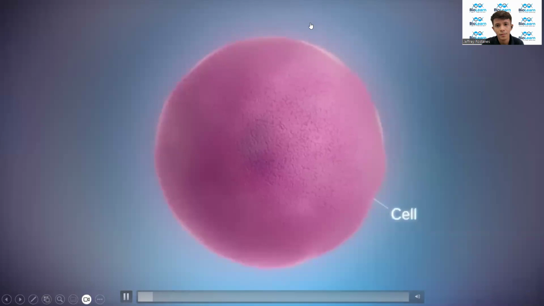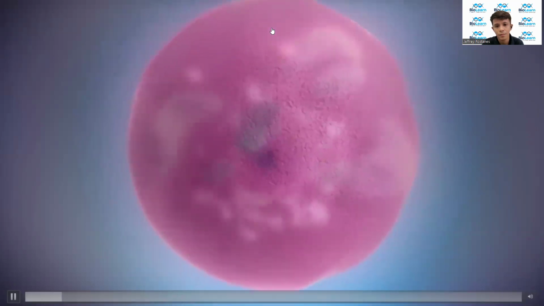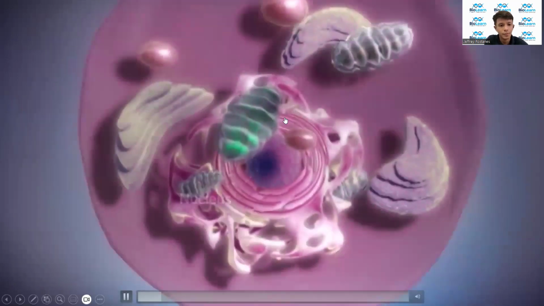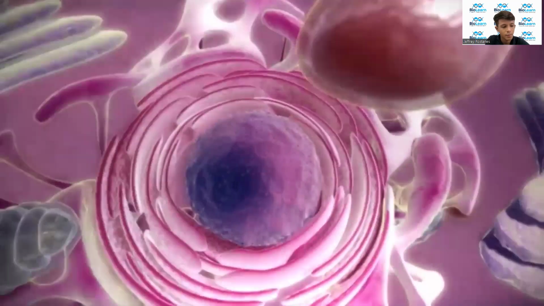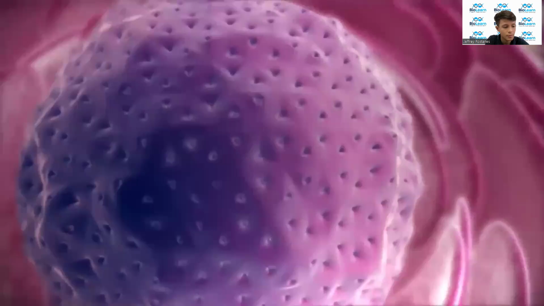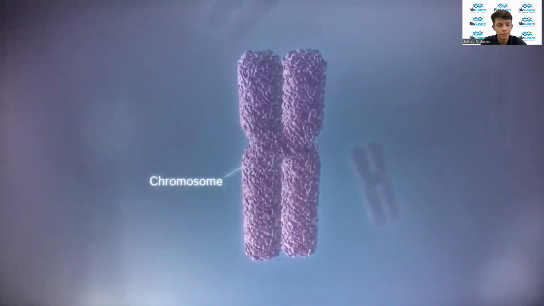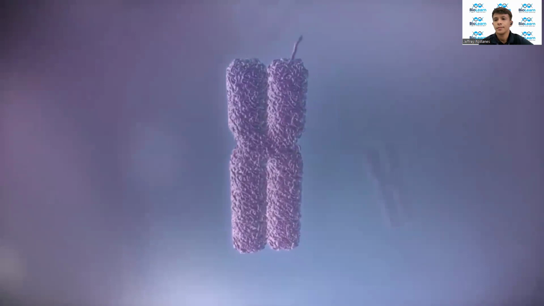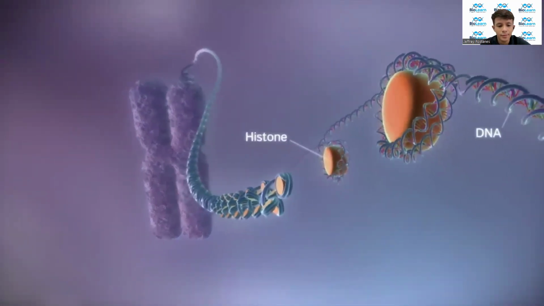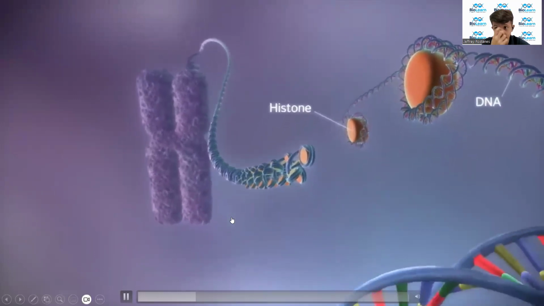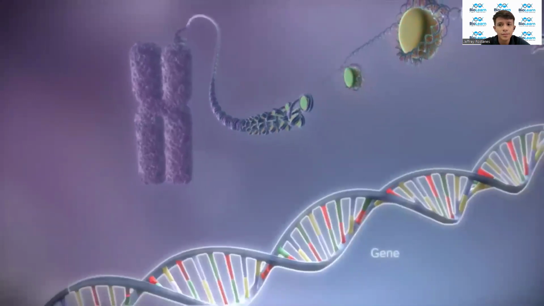The basic unit of all living tissue. In most human cells, there is a structure called the nucleus. The nucleus contains the genome. In humans, the genome is split between 23 pairs of chromosomes. Each chromosome contains a long strand of DNA, tightly packaged around proteins called histones. Within the DNA are sections called genes.